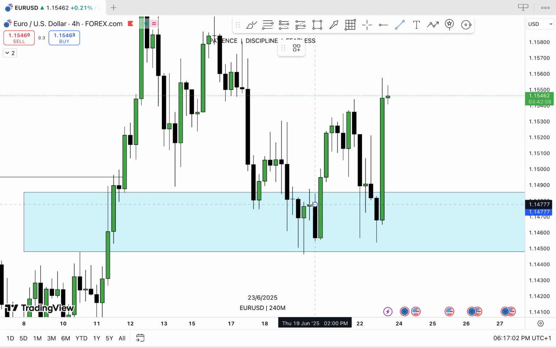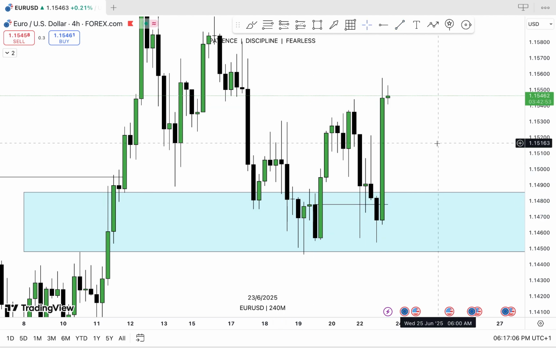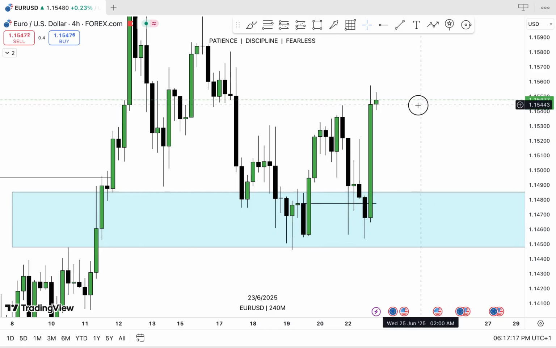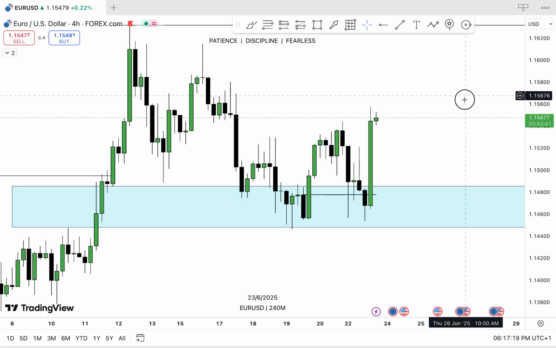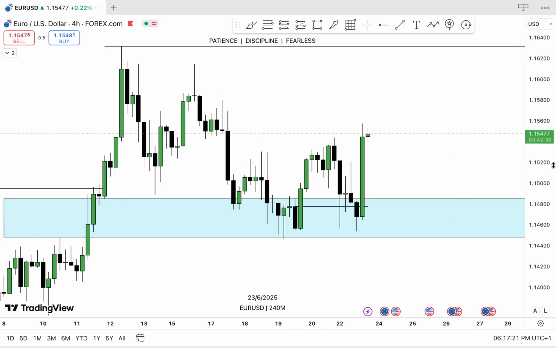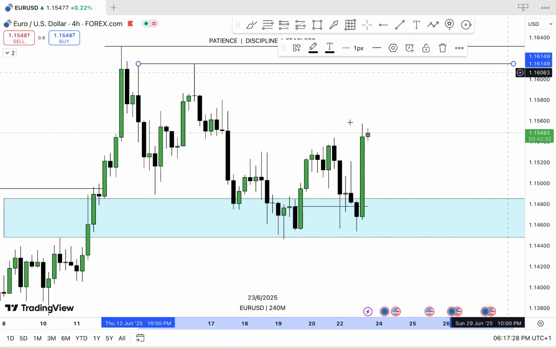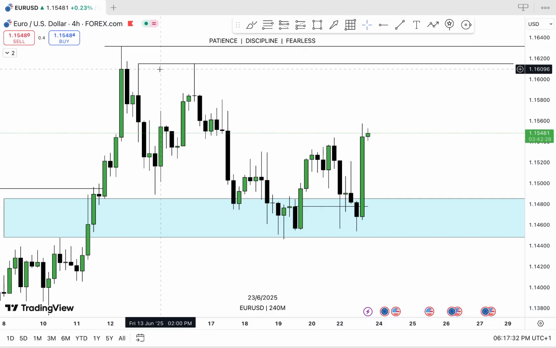So you have one entry already, which a lot of people will be in already, placing their stops below this order block and then waiting for price to trade up there. We have that draw on liquidity there, and then we have a nice draw on liquidity here. You can see that double top right there.